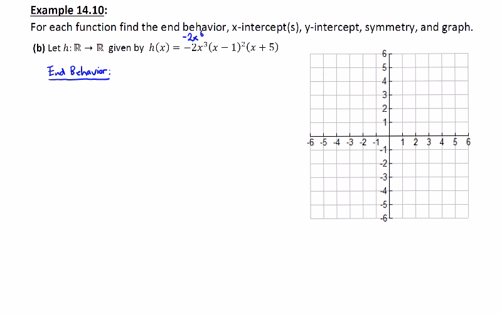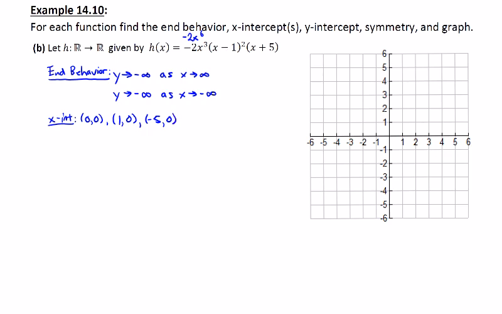From there, I can tell you that y will approach negative infinity as x approaches infinity, and y approaches negative infinity as well as x approaches negative infinity. For your x-intercept calculation, you will get 3 x-intercepts: the origin, 1, 0, as well as negative 5, 0.